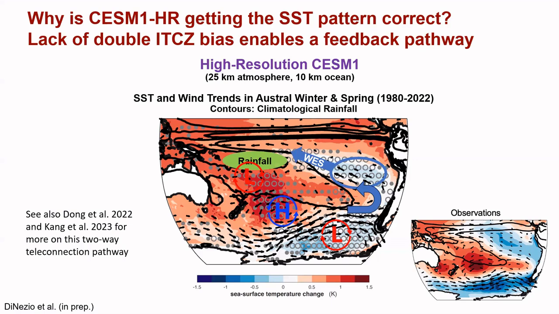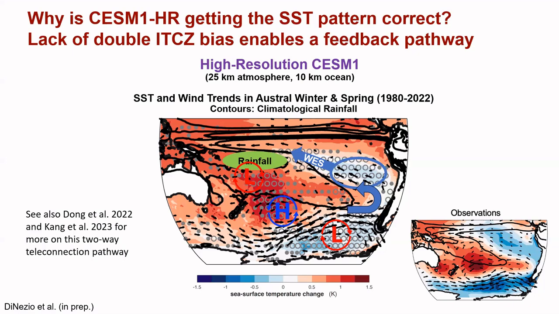And this two-way teleconnection between the Southern Ocean and the tropical Pacific was discussed in a paper by Dong et al. 2022 in the context of some atmosphere-only simulations, but then this is basically showing how it plays out in the context of climate change in these coupled high-resolution simulations.